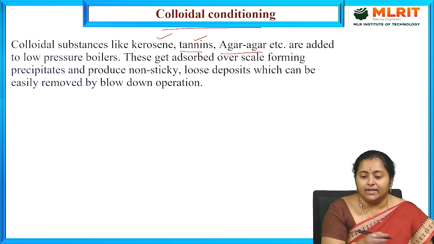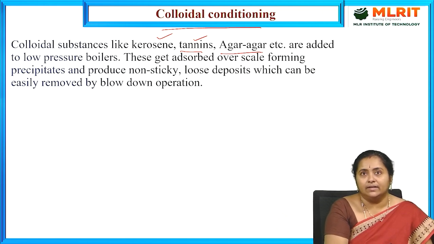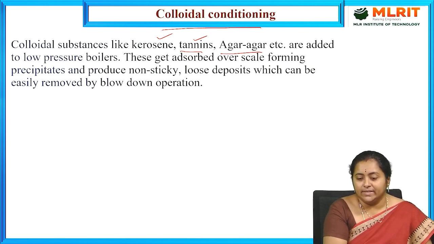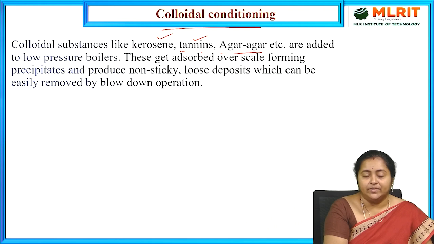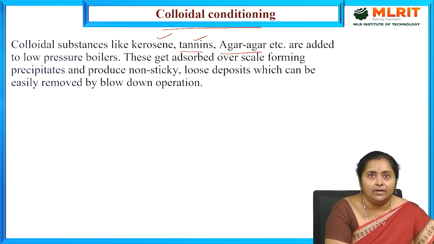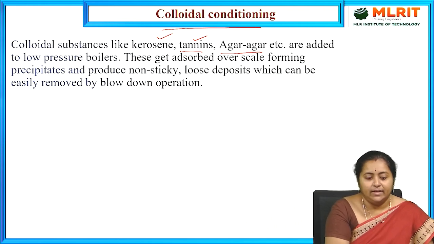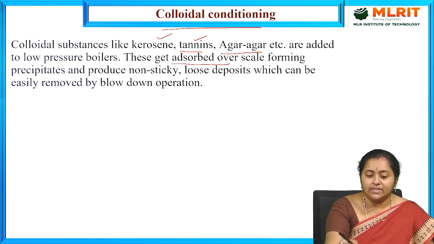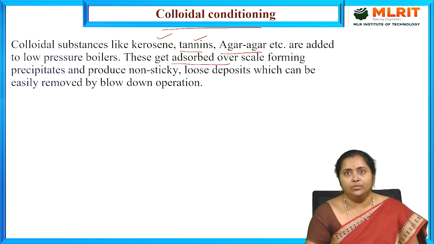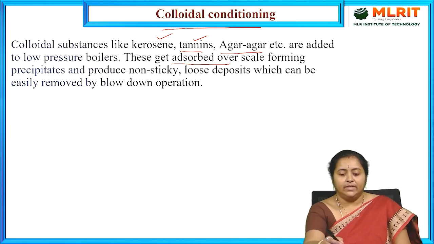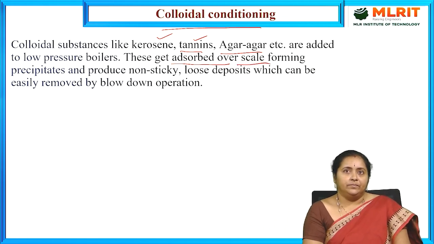And then agar-agar, which is a polysaccharide compound. If these are added in proper proportions to the hard water in the boiler and mixed very well, then immediately what will happen? These compounds get absorbed over the scales produced on the inner side walls of the boiler.